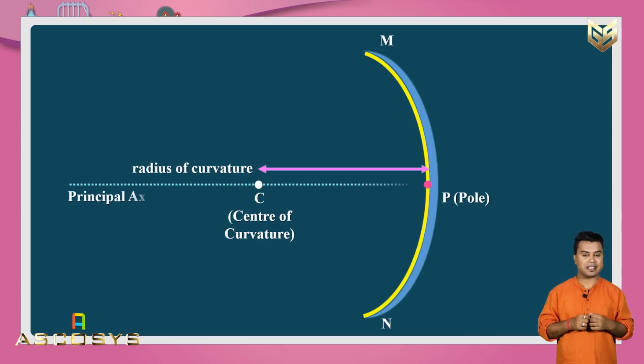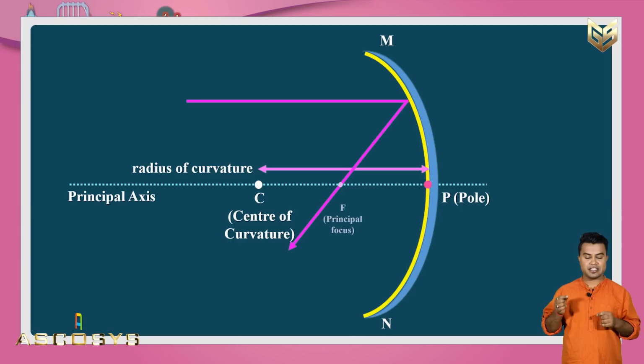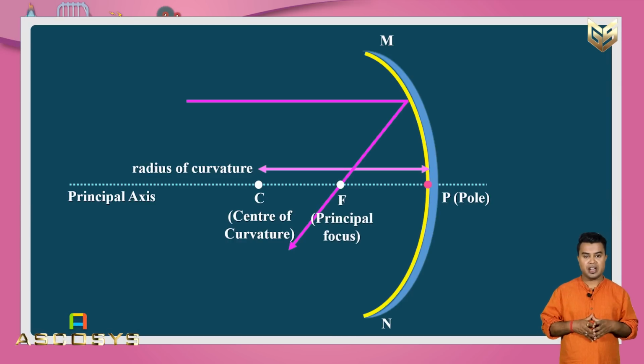And principal axis, it is the imaginary line passing through the pole and the center of curvature. Now, there is a point called principal focus. This point is in between the center of curvature and the pole of the mirror. If the rays strike parallel to the principal axis, they converge towards the focus.